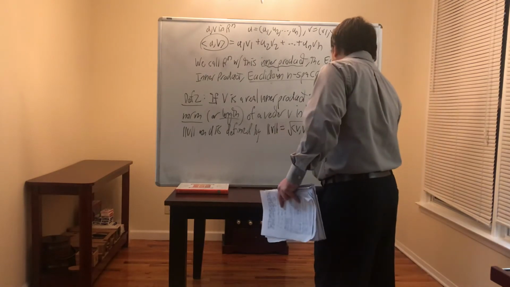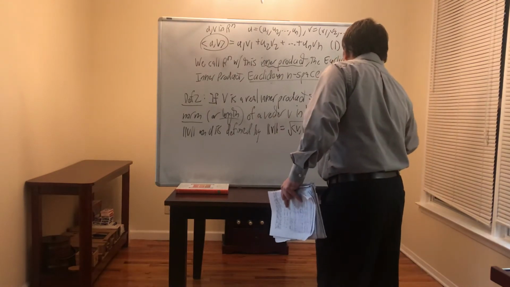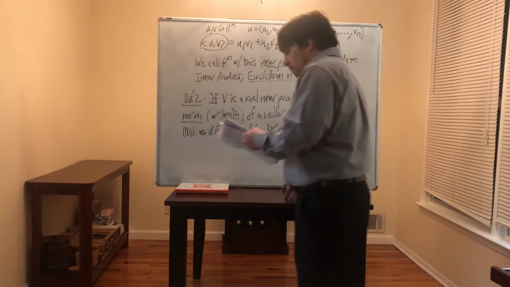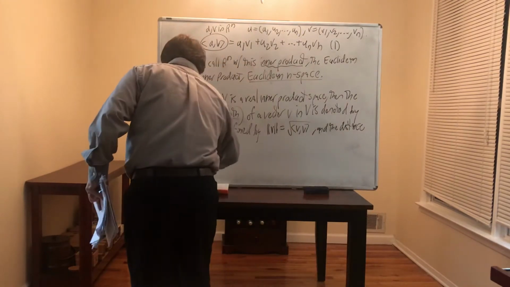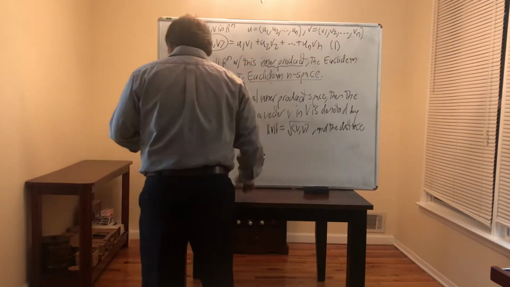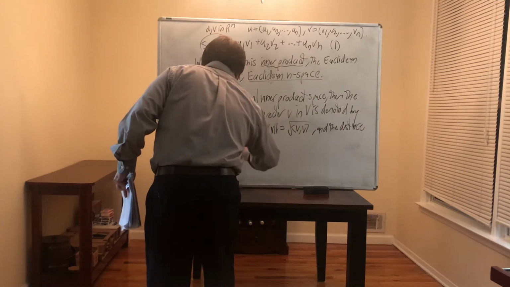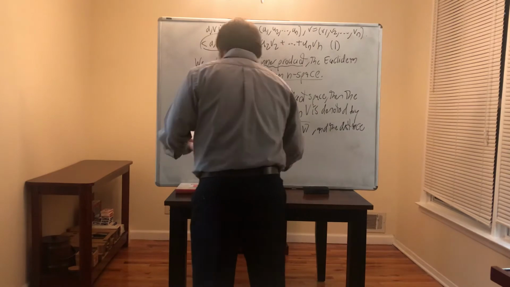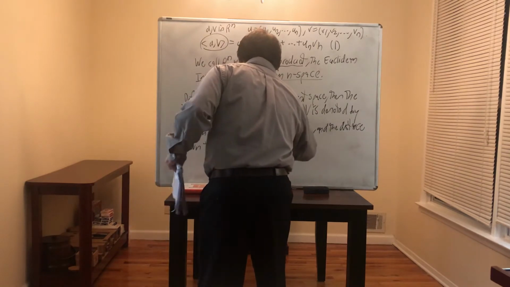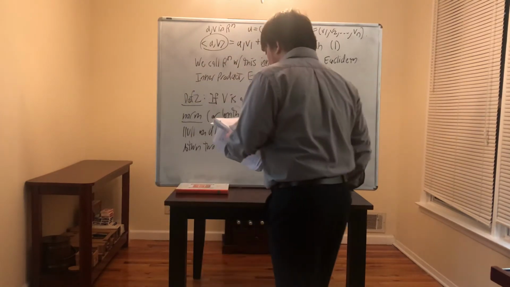And the distance between two vectors is denoted by d of u comma v.